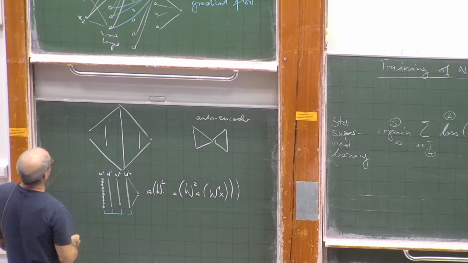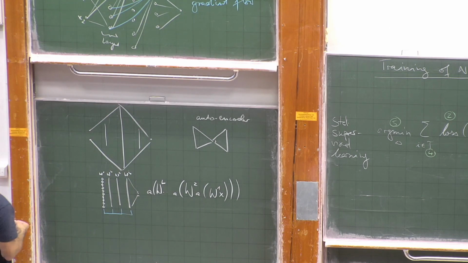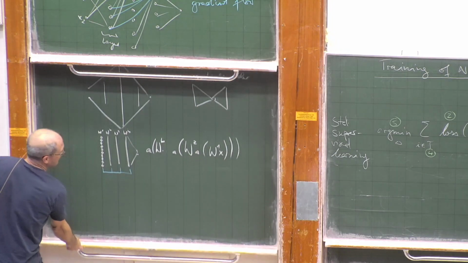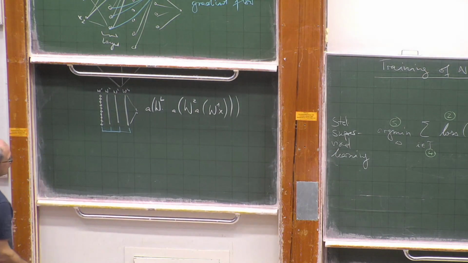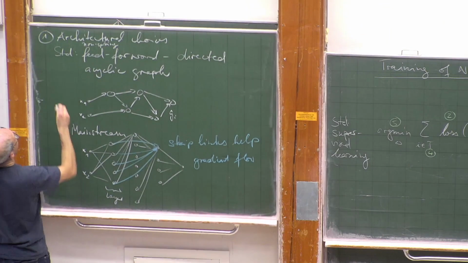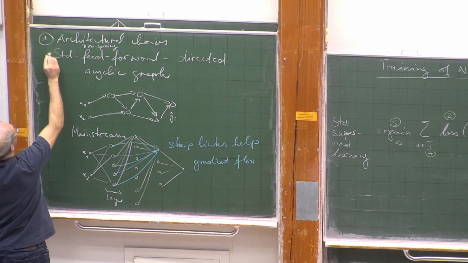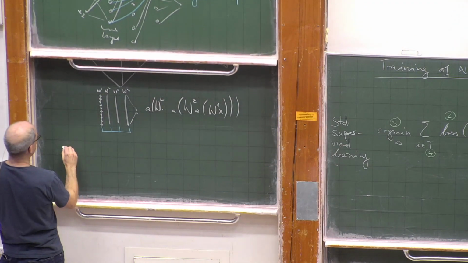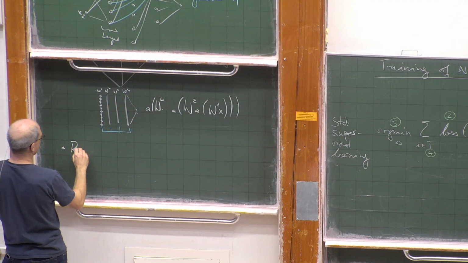Right, and then there is a different class of architectures that's popular with a subset of the community. So up there, we had standard feed-forward neural networks that correspond to directed acyclic graphs. And then we can have recurrent neural networks.